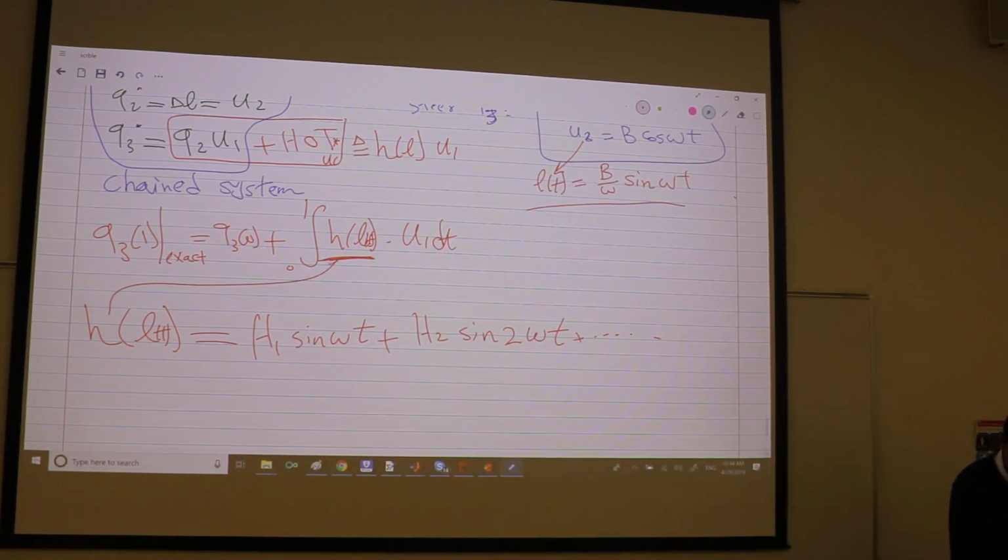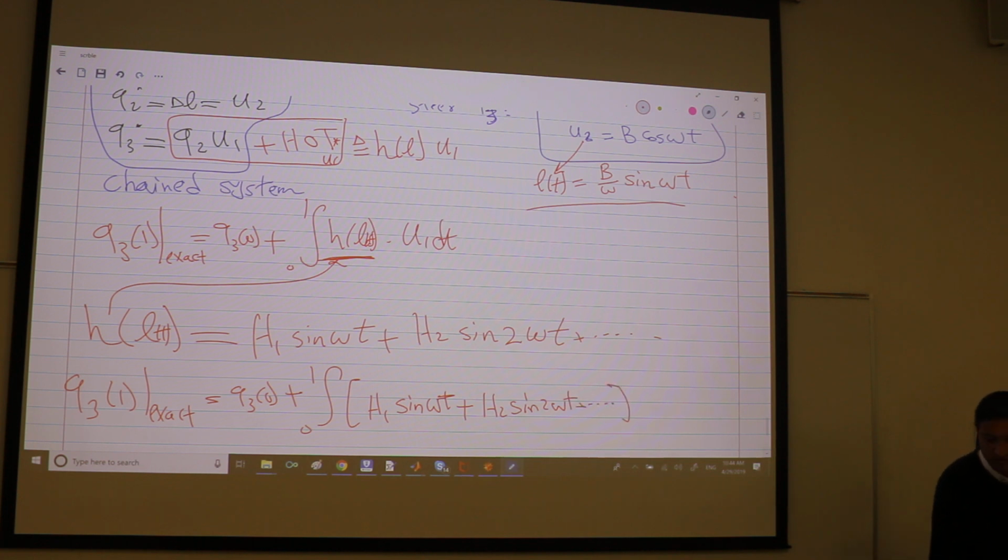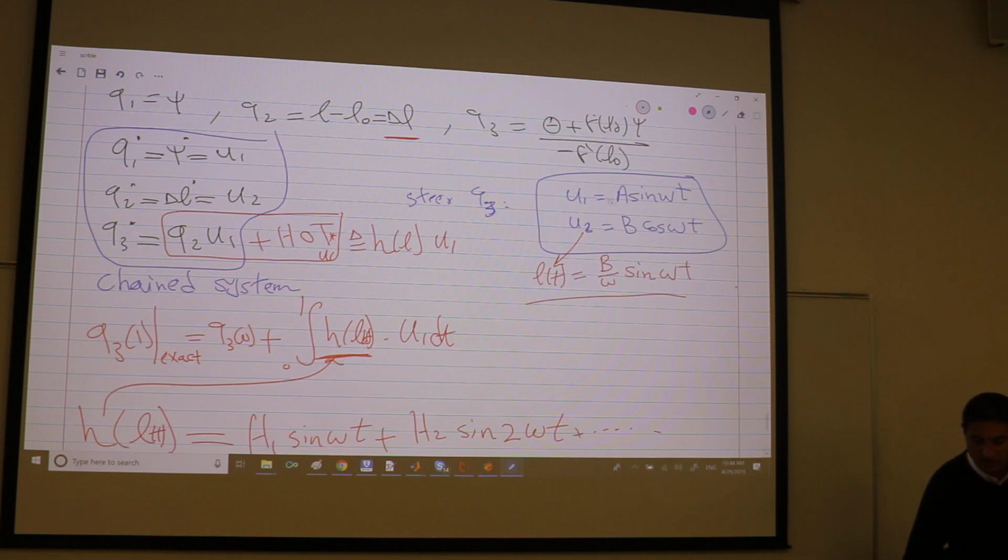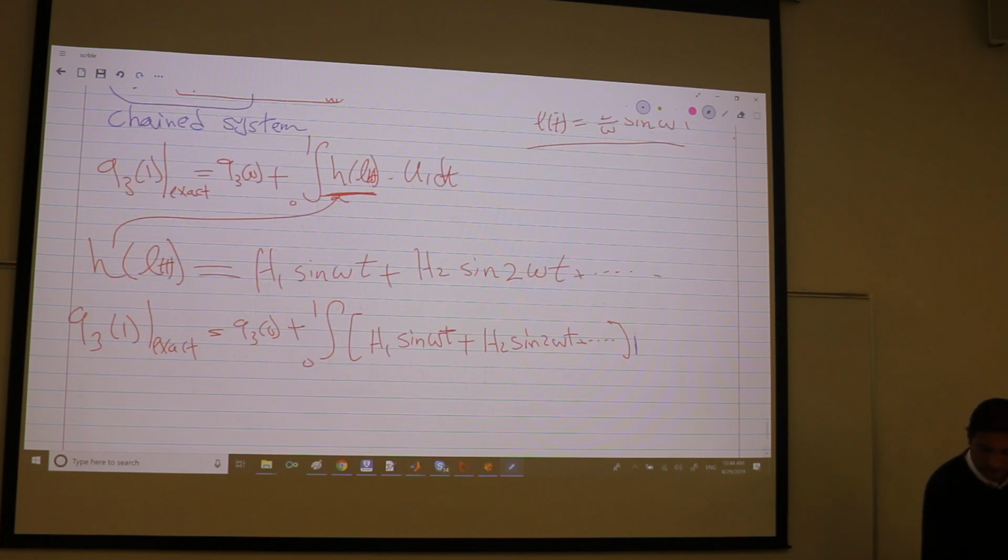So I'll substitute it here to get Q3 exact. This is Q3 of 0 plus the integral of H1, which is the linear term that I included already, plus H2 sine 2 omega t plus so on, times U1, and U1 was A sine omega t, dt.